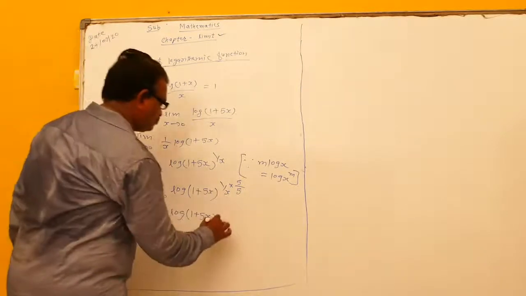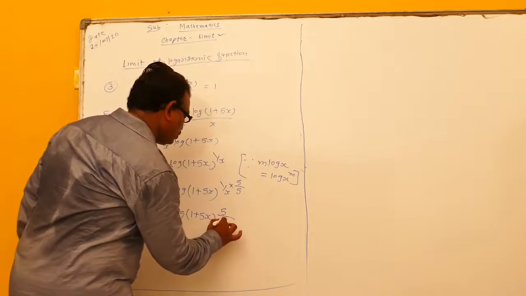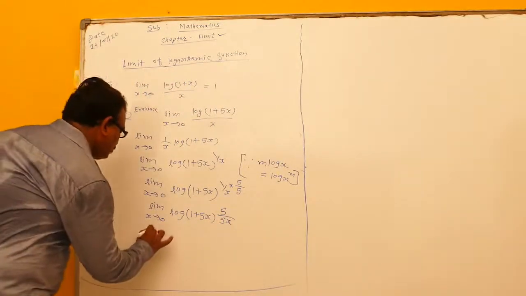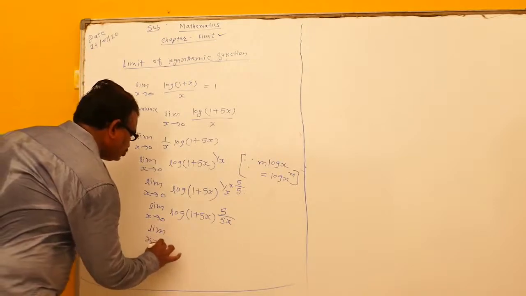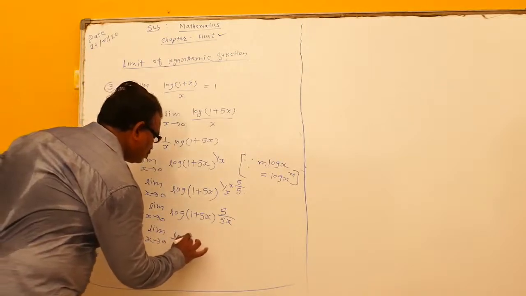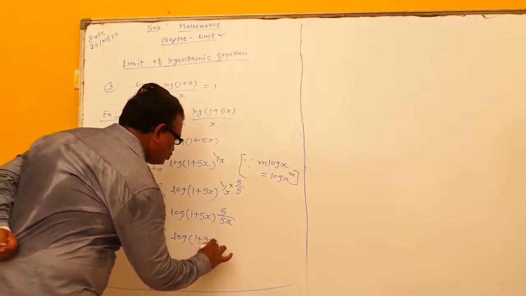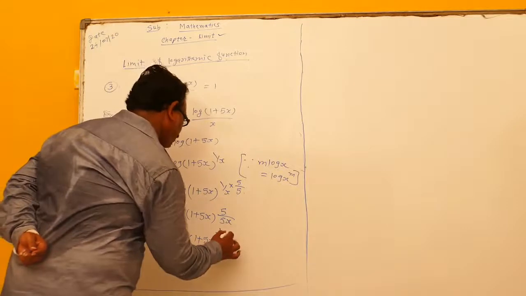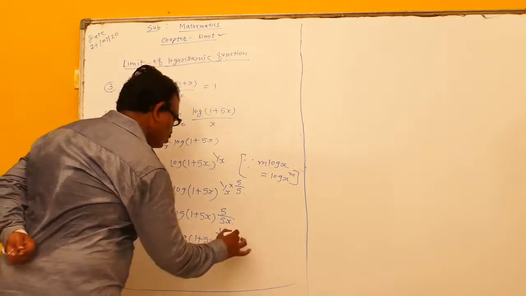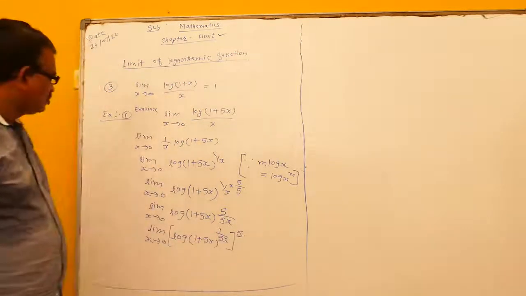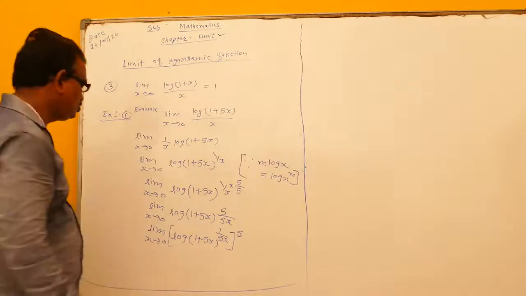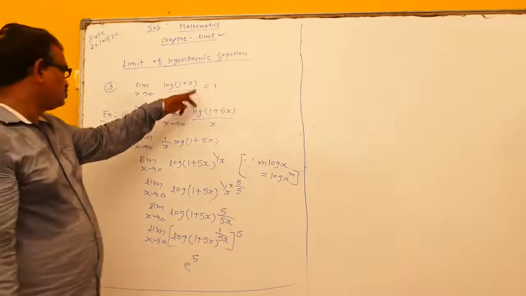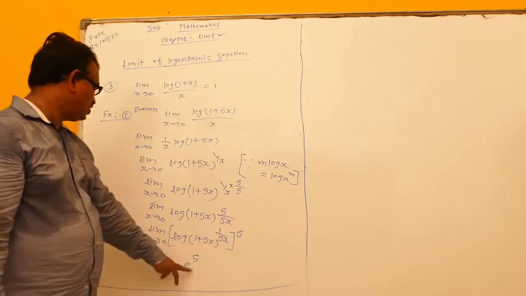So 5 is multiplied in the denominator, it will be 5x. Then limit of x tends to 0, log of 1 plus 5x to the power 1 by 5x, whole to the power 5. But according to the formula, this is e. If limit of log of 1 plus x to the power 1 by x, then it is e.